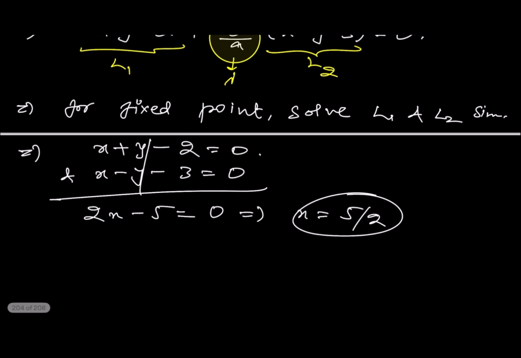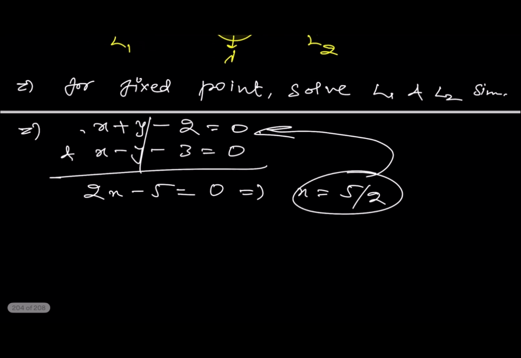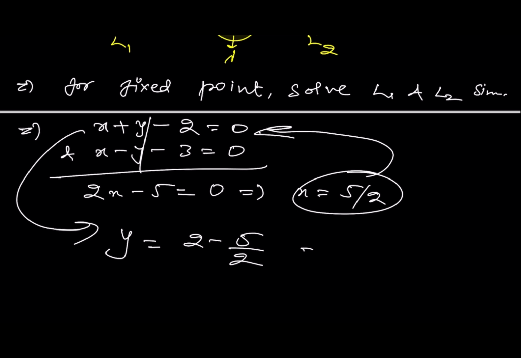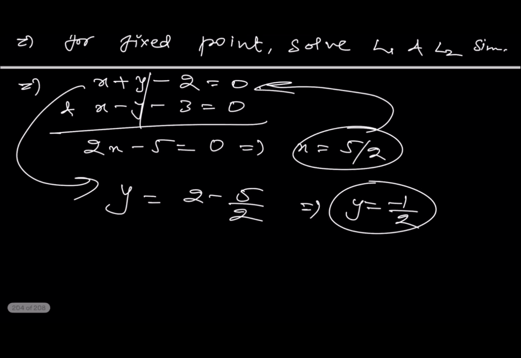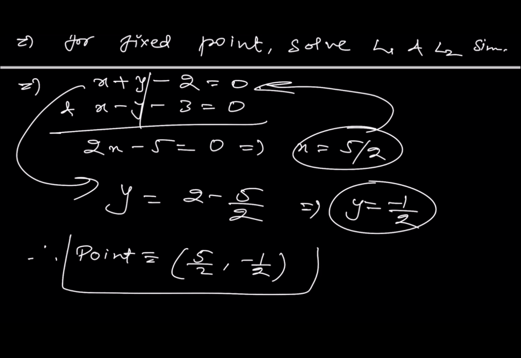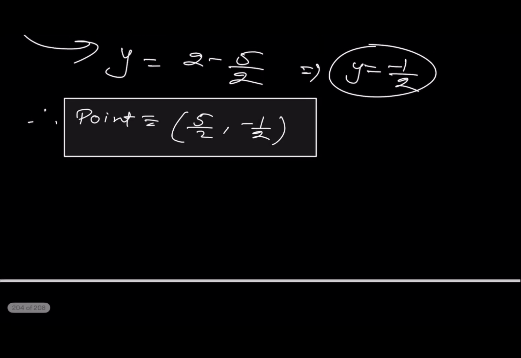If I put this x in the first, y will become 2 minus 5 by 2, so y will become minus half. And that fixed point is (5 by 2, minus 1 by 2). And this is the question which has been solved.